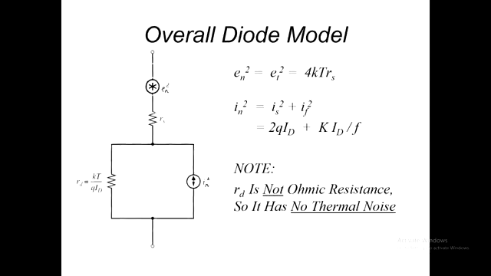Alright, so what's this all about? Well, we like to draw these circuit models of electronic components, and for a resistor we can have a series voltage associated with a physical resistance. So this is meant to be a diode here.